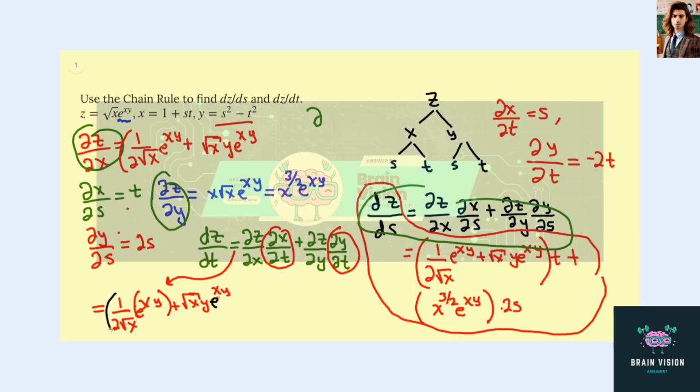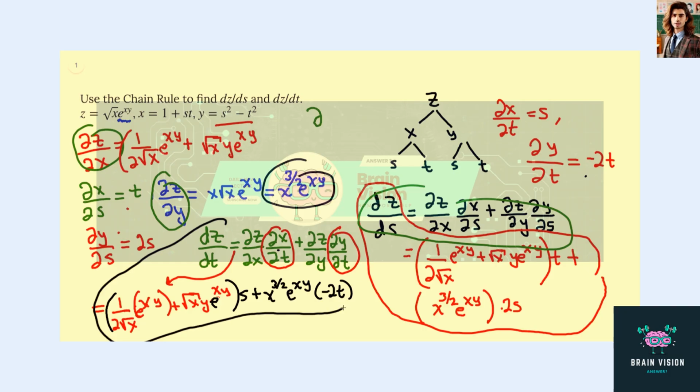So that's the derivative of z with respect to x. Then we'll multiply by this, which was s. The derivative of z with respect to y, that's up here. And then finally, the derivative of y with respect to t, that was minus 2t. So that gives us our other formula, which was the derivative of z with respect to t. So these two formulas, the one circled in red, and over here circled in black, those are our final answers.